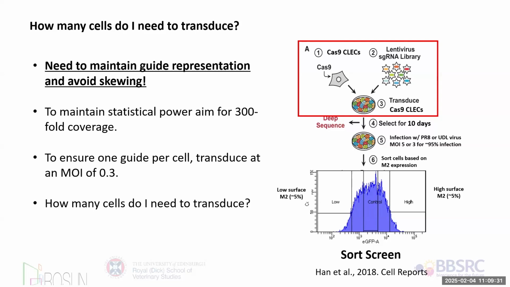So practically speaking, when we do this, we're doing about 10 to 15 T175 flasks of cells when you do the initial transduction. So this is where you need a cell line that replicates fairly well. If you've got cells that will only replicate a number of divisions or replicate slowly, then it's going to be a pain. If anyone's got any questions, just shout out.